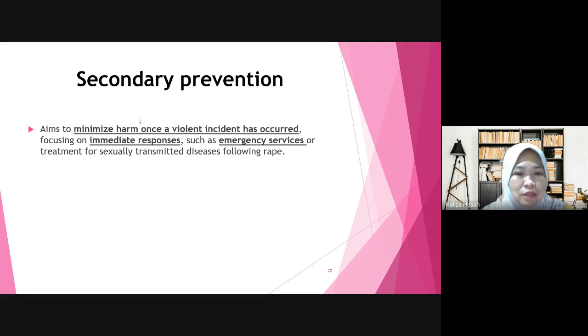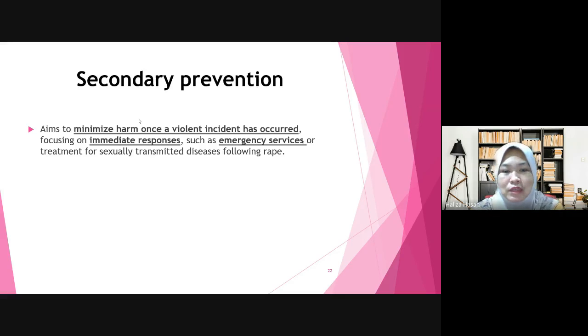So once we receive the report, or we receive the case at the emergency department, the aim is we have to minimize the harm. Okay? So immediate response. So we have to stop the violence, so we have to continue with all the emergency services.